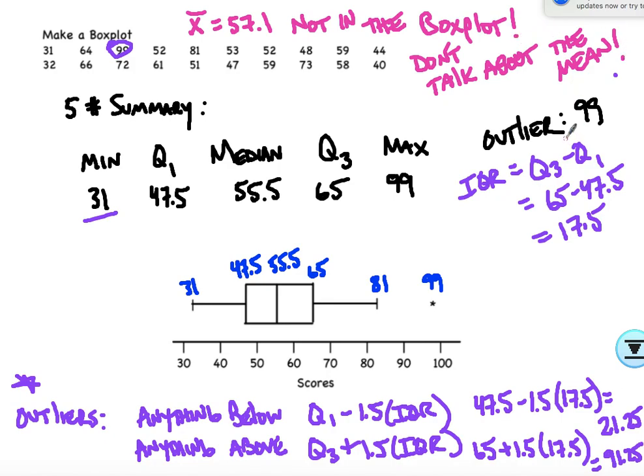Okay. So yes, we know the mean, we can figure it out. I know the mean is somewhere in here, but that's not really the important part of the graph.